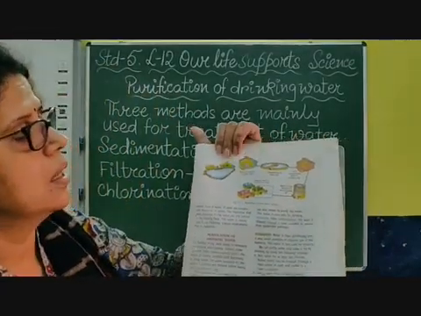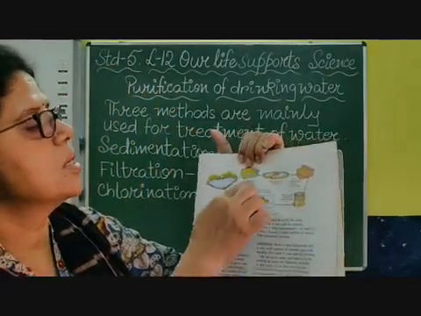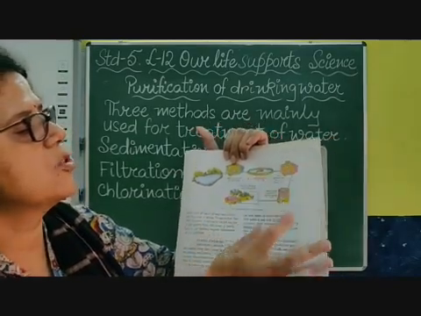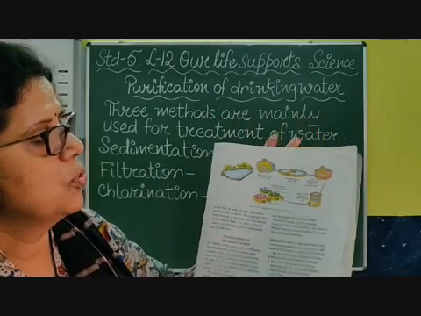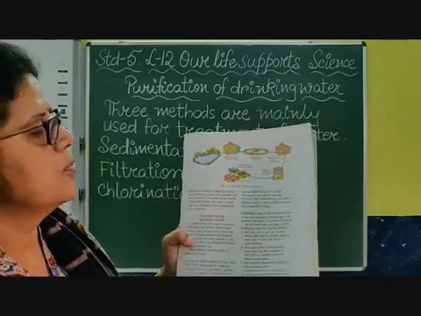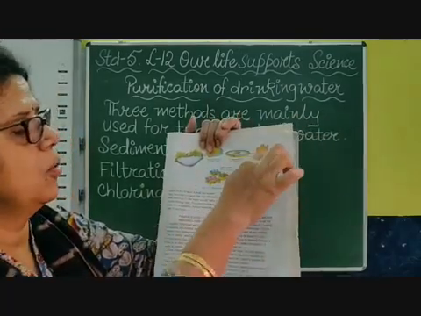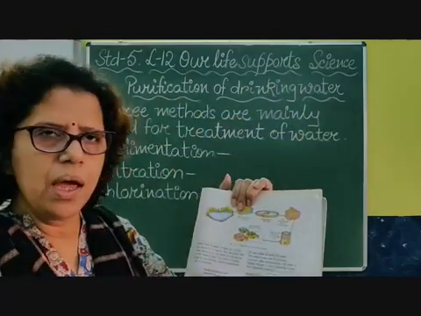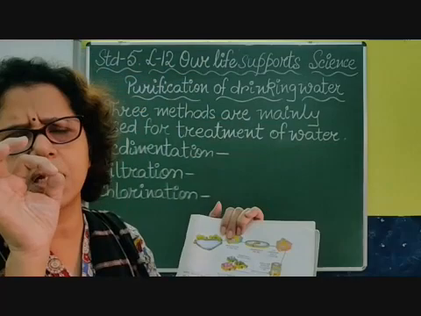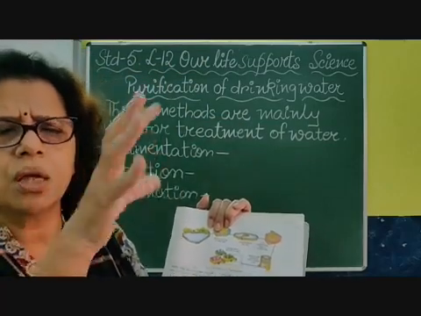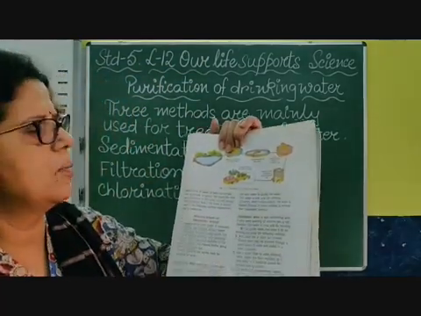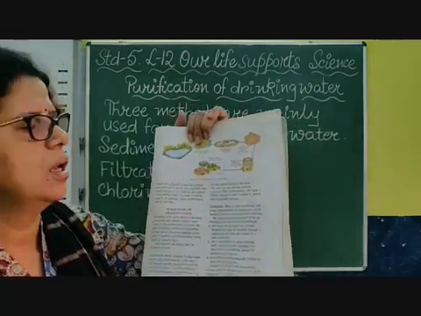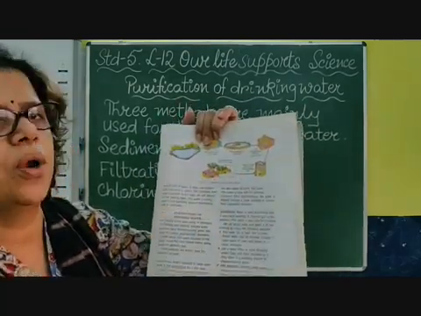But again, a second step is done. After sedimentation the water is filtered. How is it filtered? Through a clean sand bed. The sand bed is there to remove the finer, small particles which you may not see. Then the water is disinfected totally, with no germs, through chlorine gas.